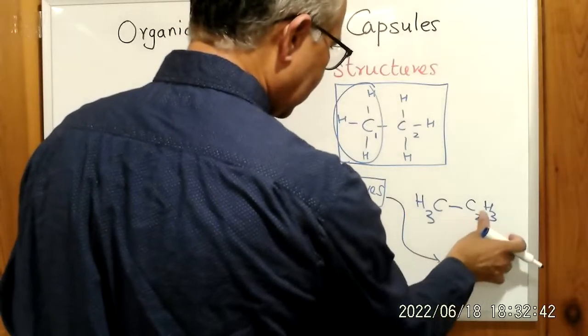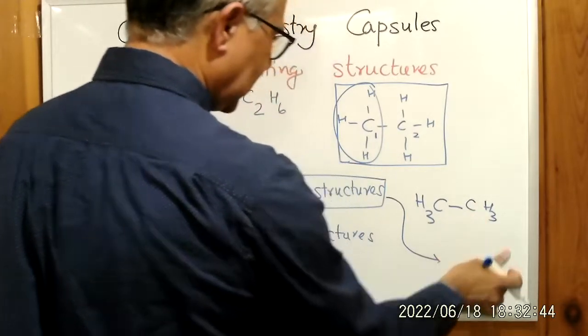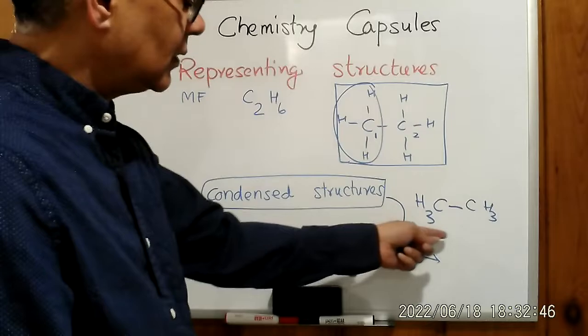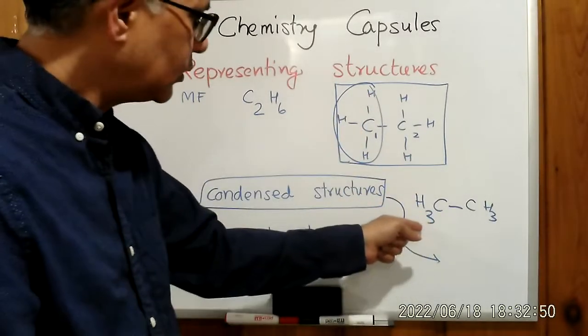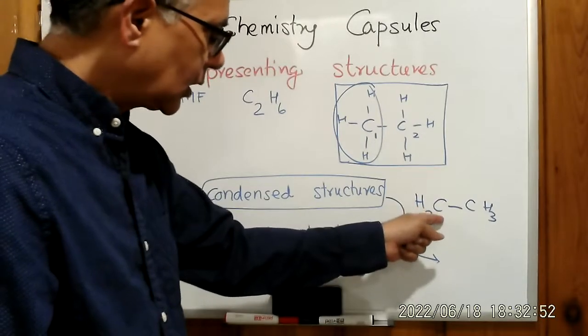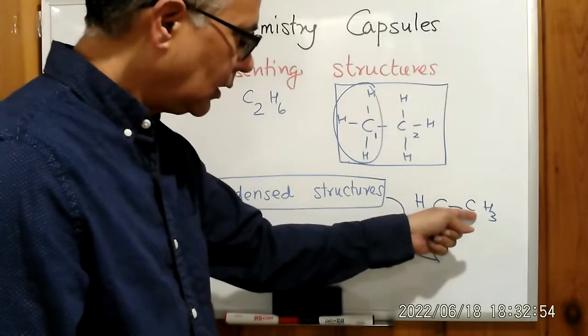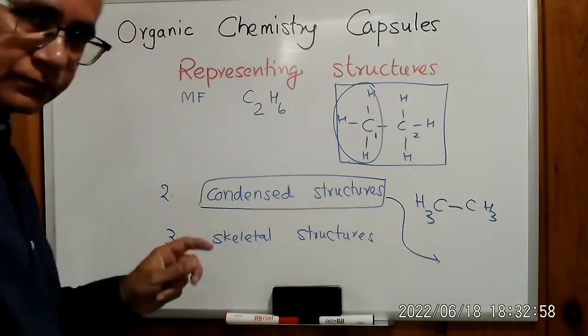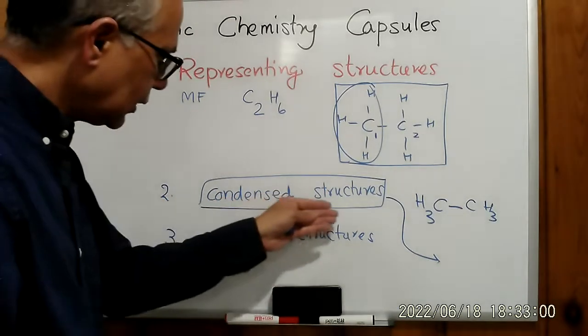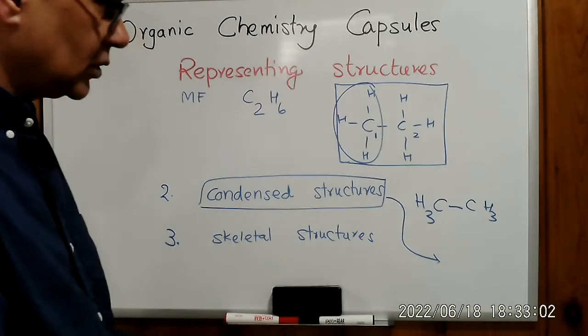If we remove the 1 and 2, that's just for our understanding, we don't need that. So this will be the condensed structure: CH3, 3 hydrogens connected to that carbon, which is connected to another carbon, and that carbon is connected to 3 hydrogens. Okay? Now we took a look at what a condensed structure looks like.